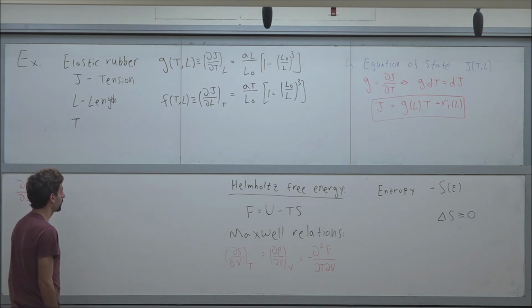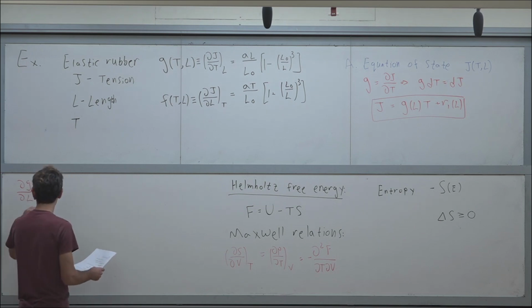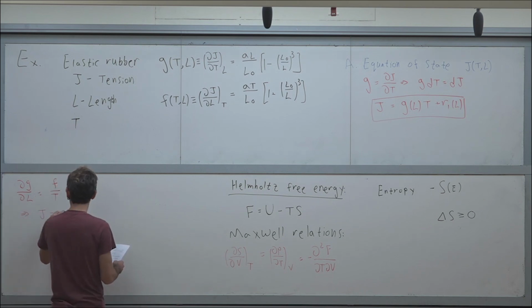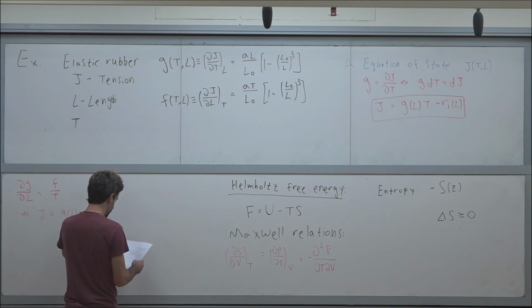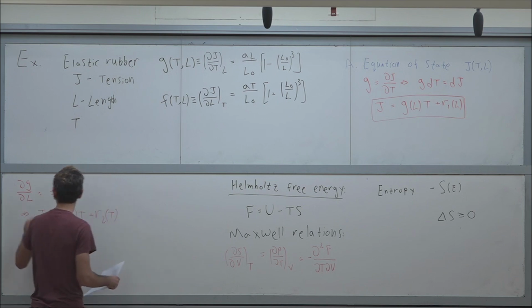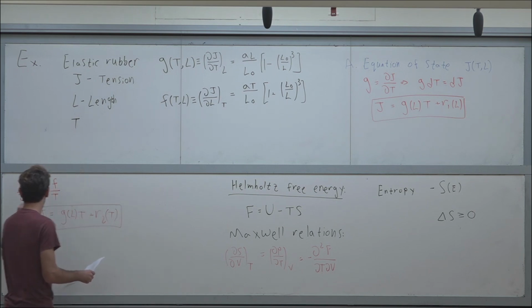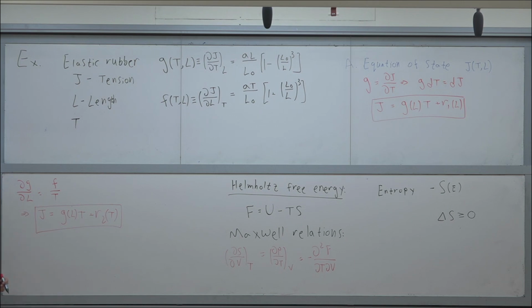So we can do again the same game to obtain J equals the integral of F over T dL plus some constant, which can depend on T. You can just check it.